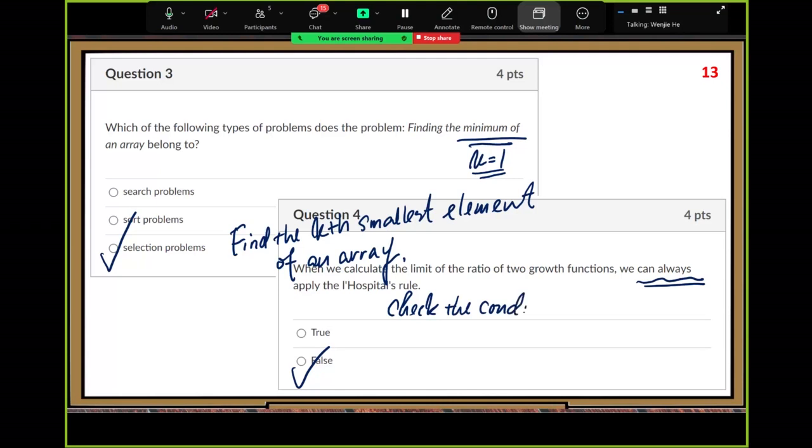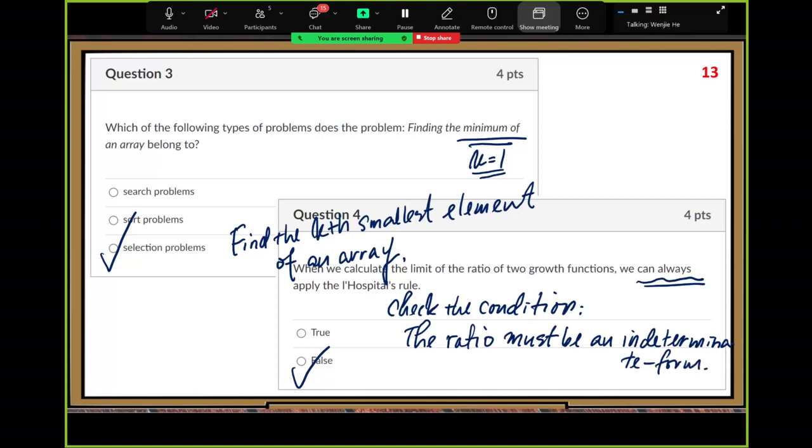Before we apply L'Hopital's rule, the ratio must be an indeterminate form.